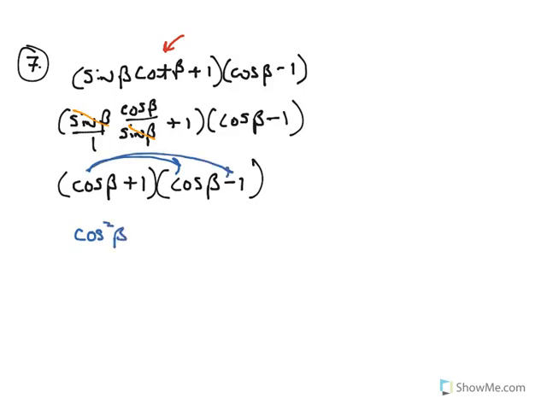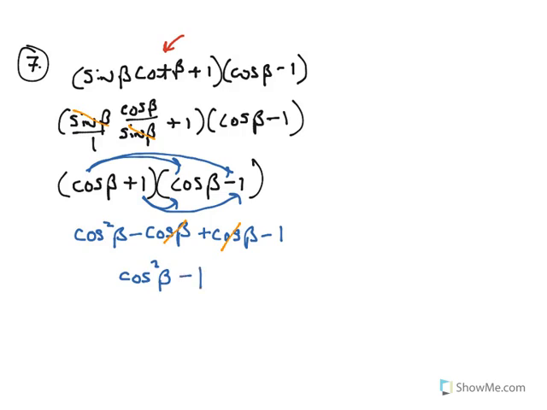Cosine times the negative 1 should get you negative cosine. 1 times cosine should get you positive cosine. And 1 times the negative 1 will get you negative 1. Your 2 middle terms are opposites, so those go to 0 and cancel. And you're left with cosine squared beta minus 1.